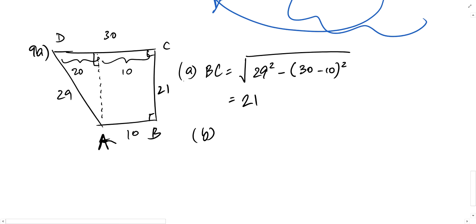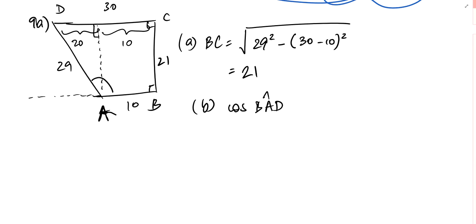Part B is to find cosine BAD. How does this help me? You want to draw a rectangle, so expand the other line.